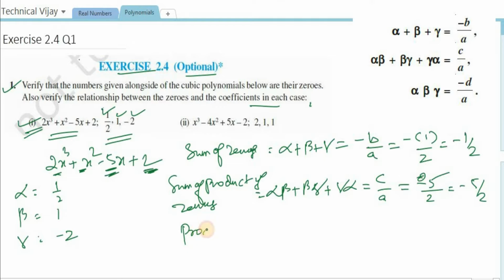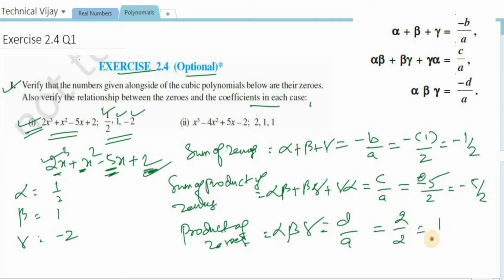And the product of zeros, alpha beta gamma, is equal to d by a, which is 2 by 2, which is equal to 1. So we know alpha plus beta plus gamma is minus 1 by 2, the sum of products of zeros, alpha beta, beta gamma and gamma alpha, is minus 5 by 2, and alpha beta gamma is equal to 1.